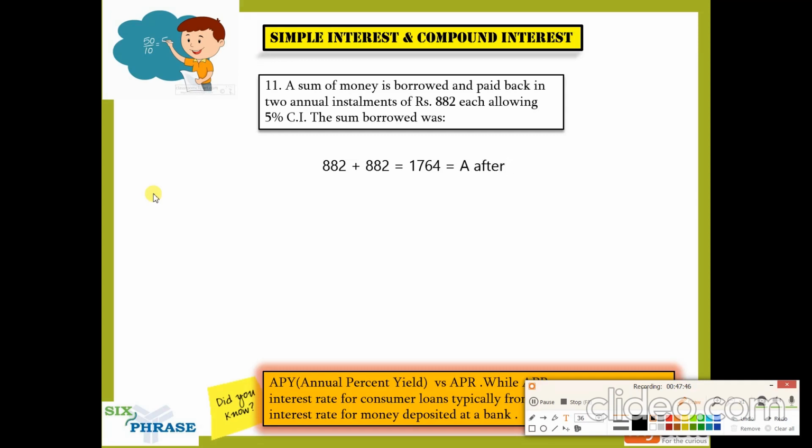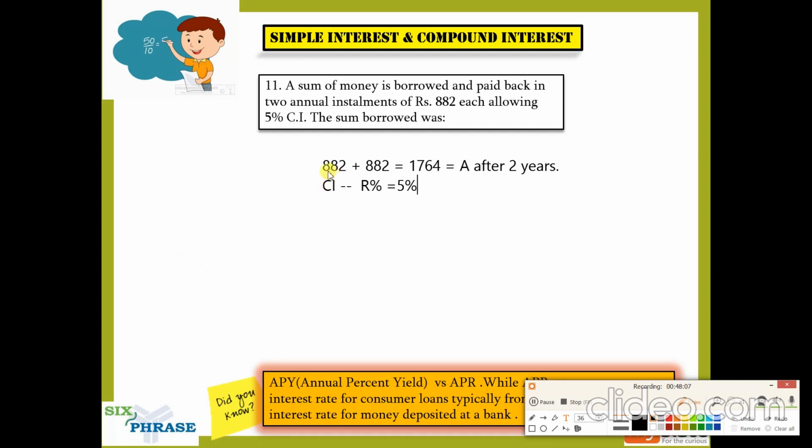Now they also say this is compound interest, and the rate of interest is marked as 5%. So these are the data that is given to us, guys.